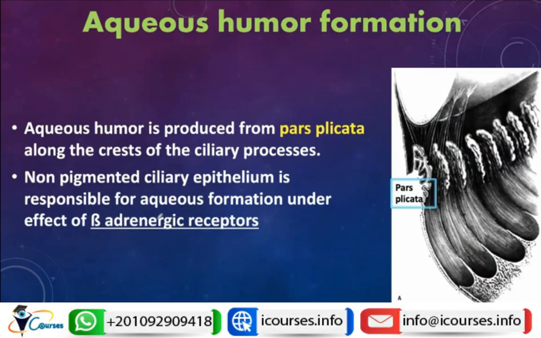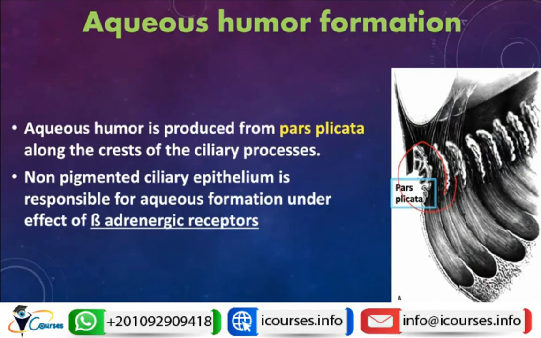After we know the composition and the functions of the aqueous humor, let's now discuss the dynamics: how it is formed, and how it is drained from the eye. We all know from the anatomy that it is produced by the pars plicata.